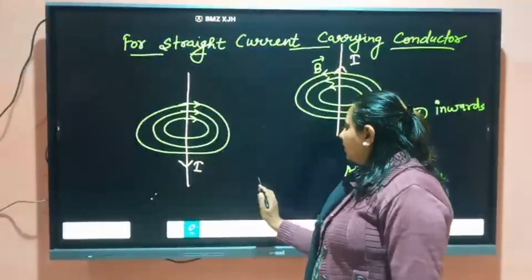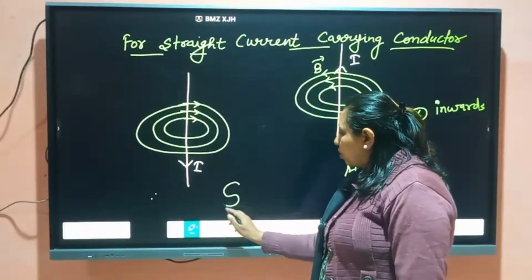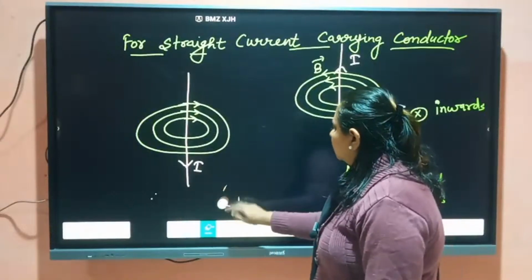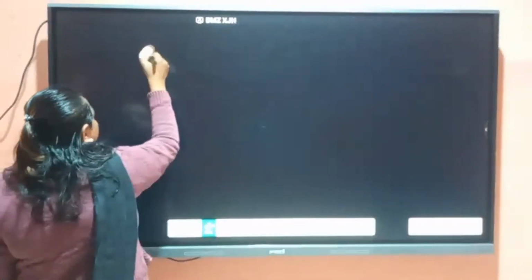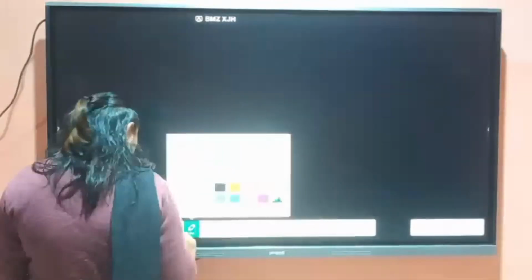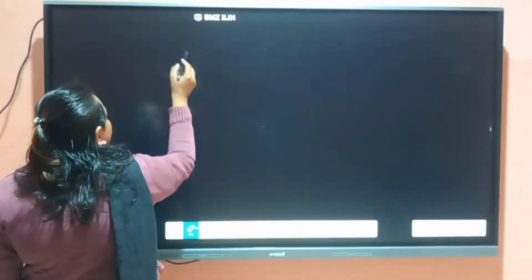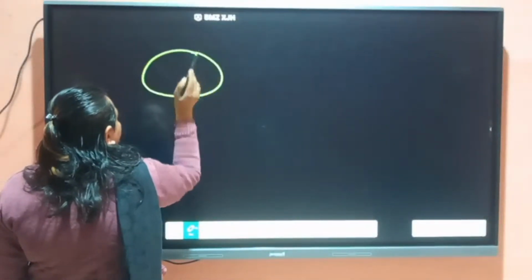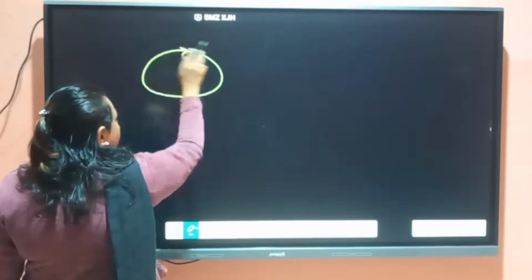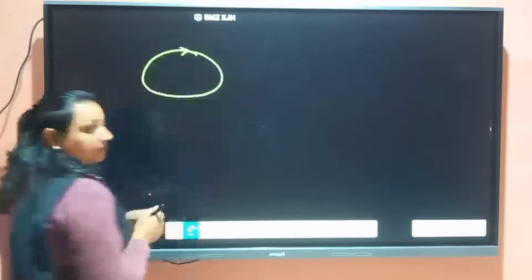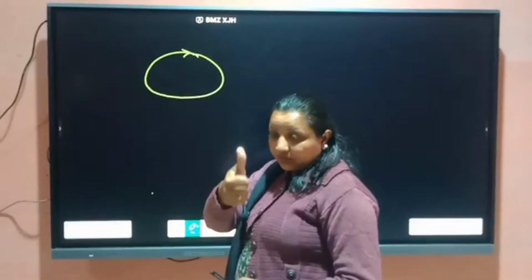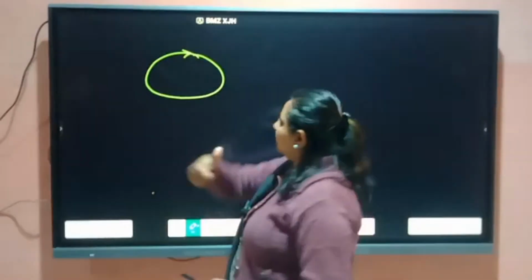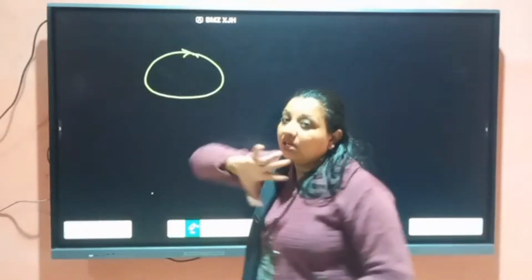How does it get reversed? If the direction of current is clockwise through a circular loop, then, as we have shown, the magnetic field goes downwards, which is represented by the thumb. Now the thumb represents the magnetic field and the direction of current is shown by the curled fingers.